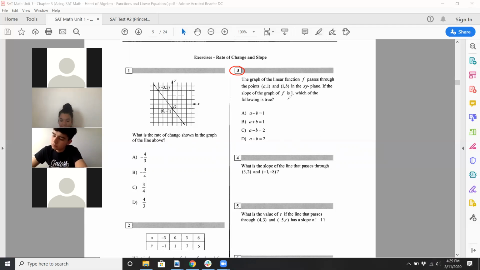if slope of graph f is 1, which of the following is true, and it gives 2 points here. So you subtract the y's, b minus 1, subtract the x's, 1 minus a, equals 1.